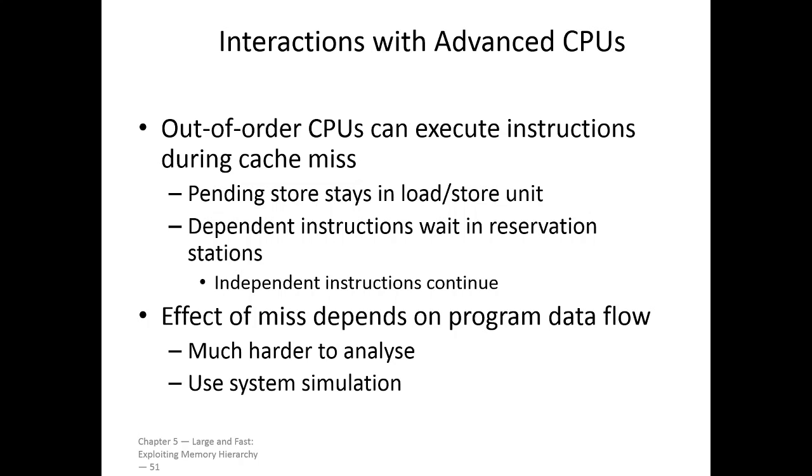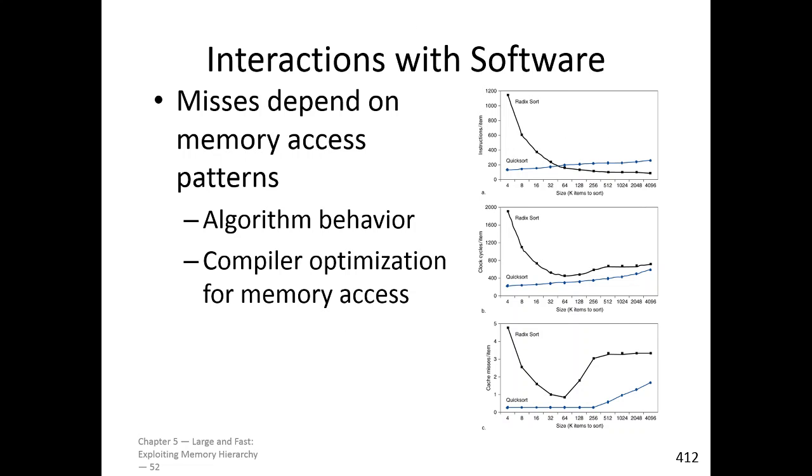There are other CPUs that can do out of order execution, basically trying to keep the CPU always busy. Here, the effect of a miss depends on the program data flow, so it's hard to analyze what the effective CPI is on some of these because it's jumping all over the place, just keeping that CPU fed.